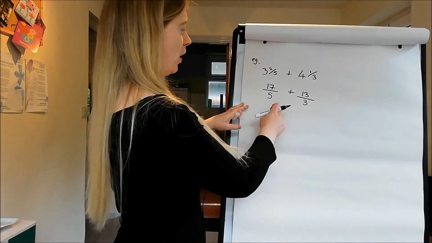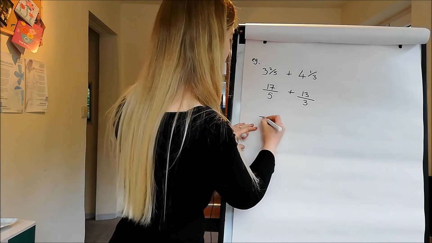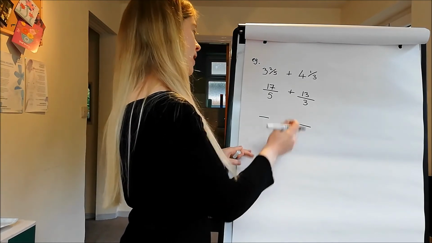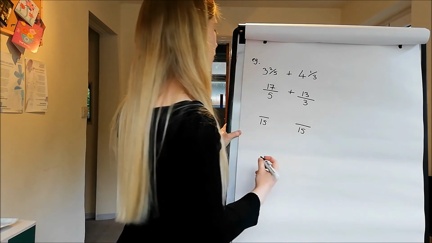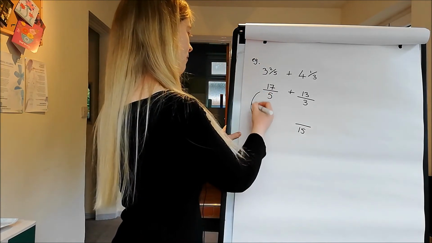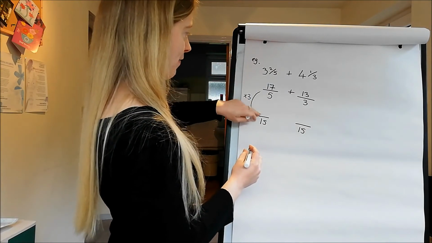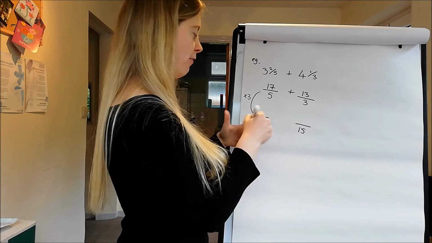And from that point, it's then just normal adding and subtracting of fractions. So before two fractions can be added or subtracted, they must be expressed over a common denominator. So I'll put each of those over 15. To get from there to there, I timesed by 3. So I need to times the 17 by 3 as well. 17, 34, 51.